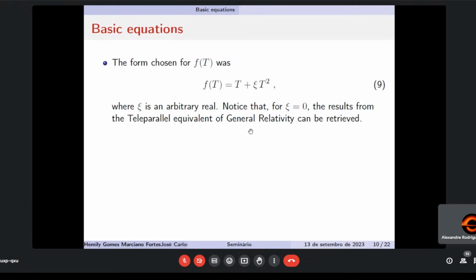And we can note that if we set c equals 0, we have just T, the linear term, and we recover the teleparallel equivalent of general relativity. So that's a way to check our results, because we are going to be obtaining a lot of expressions, and we can just make c equals 0 and compare with the results we are expecting.